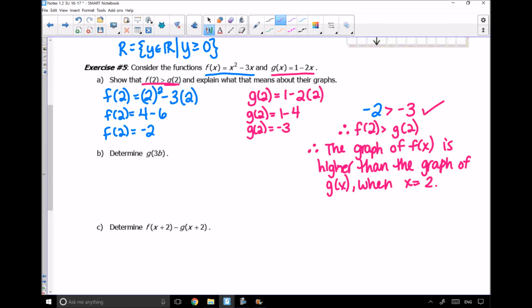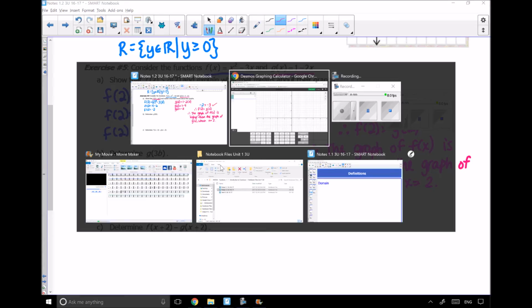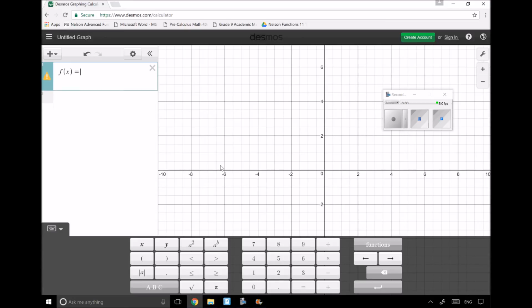Okay, that's essentially all that it means. Really quickly, I just want to show you graphically why that works, and then we will go on to parts B and C. If you remember, f of x is x squared minus 3x. So I'm going to literally type that into Desmos.